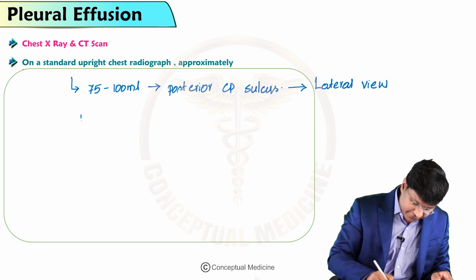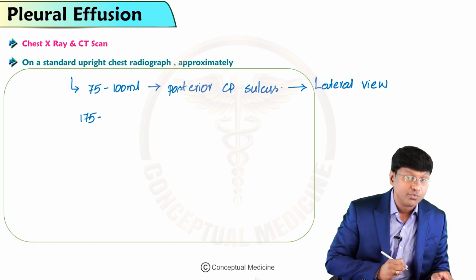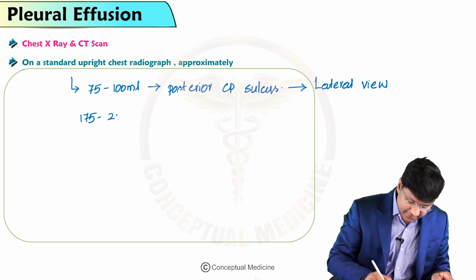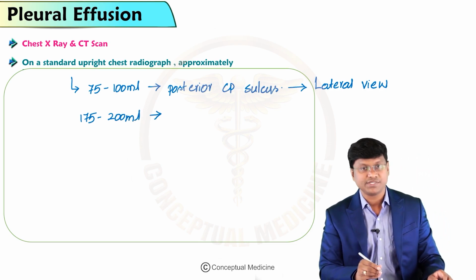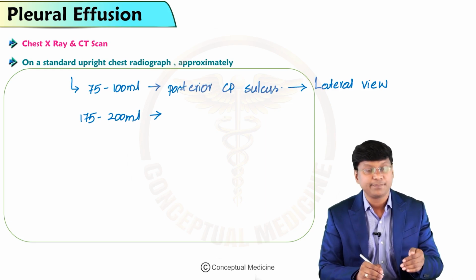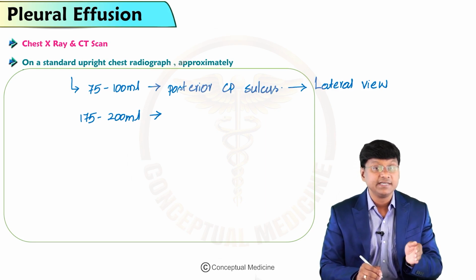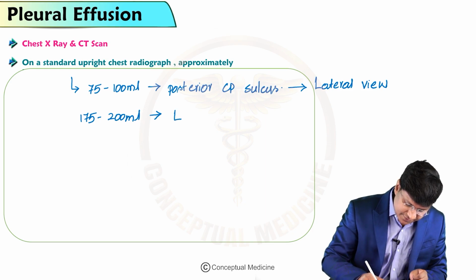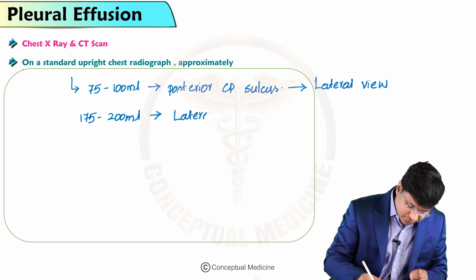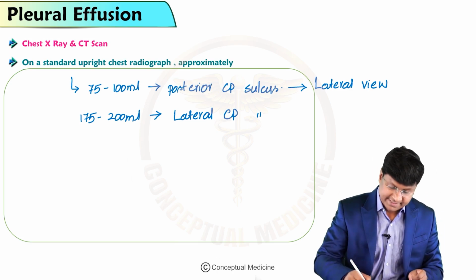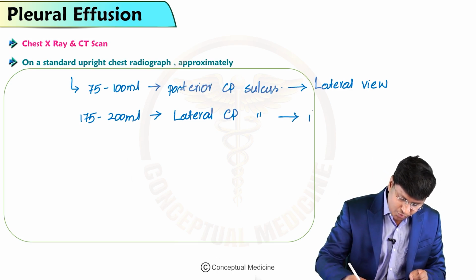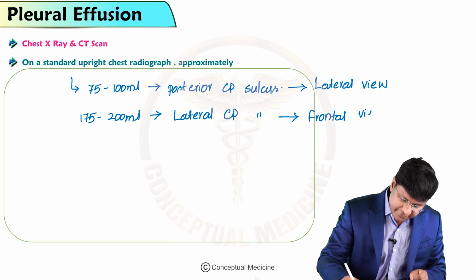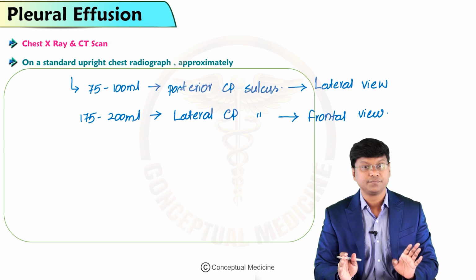The quantity of fluid required is around 175 to 200 ml in the pleural space, in the lateral costophrenic sulcus, to appear on the frontal view. These two are very, very important multiple choice questions.